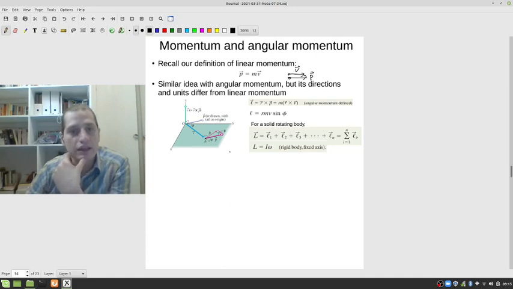So there's something a little bit more confusing about this angular momentum definition, but it actually simplifies once you go to a solid rotating body.